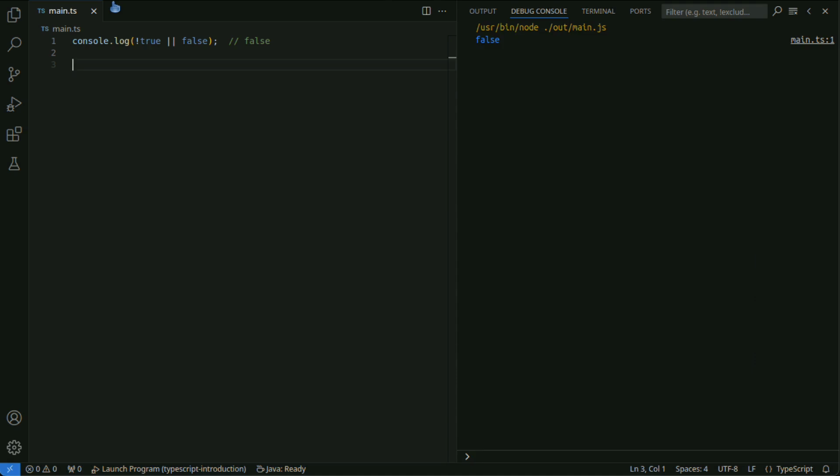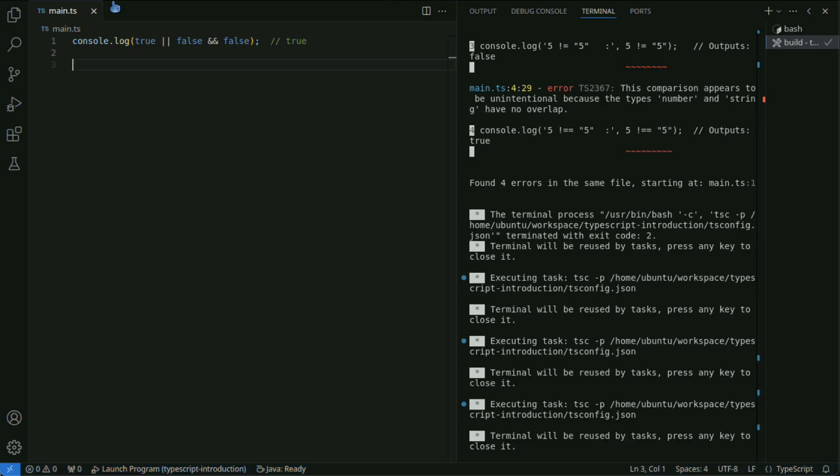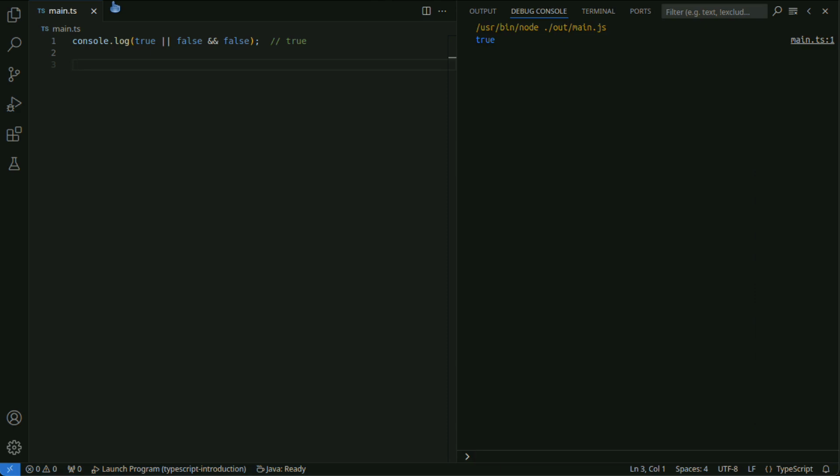AND has a higher precedence than OR, so the AND portion is evaluated first. As a result, the AND part is computed first, and its result is passed to OR.